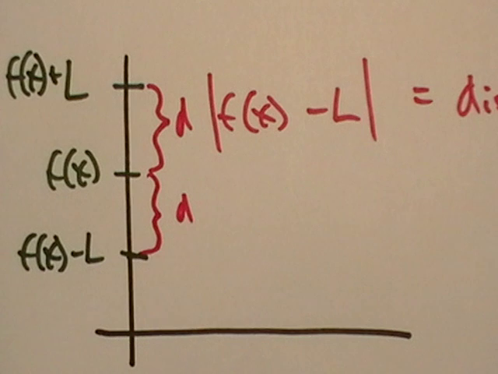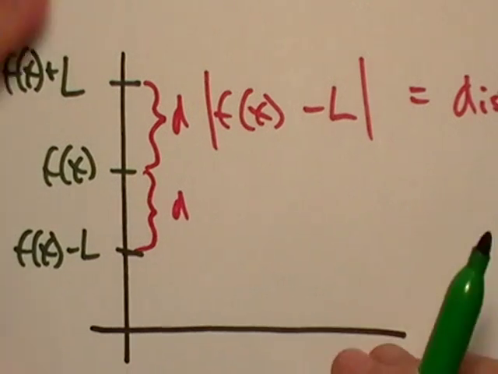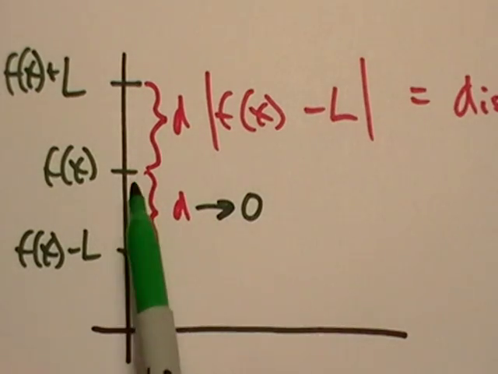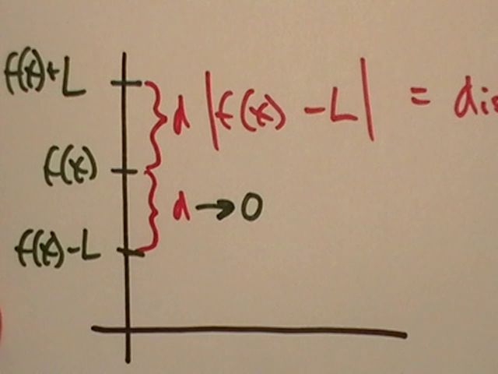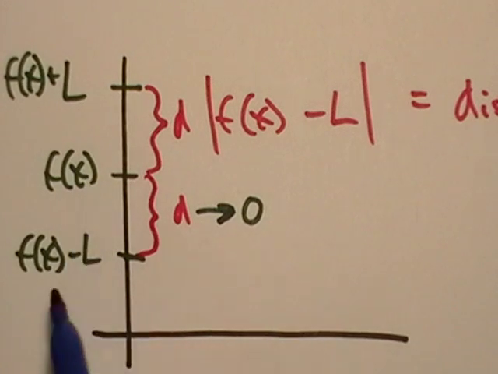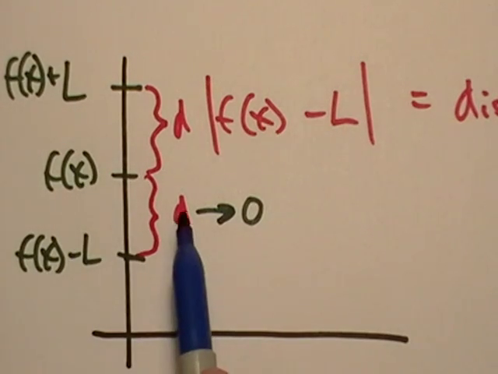We just need to touch base on a couple of those things. Furthermore, what happens as d approaches 0? I'm not talking about f of x going to 0, and I'm not talking about L going to 0. I'm talking about d.